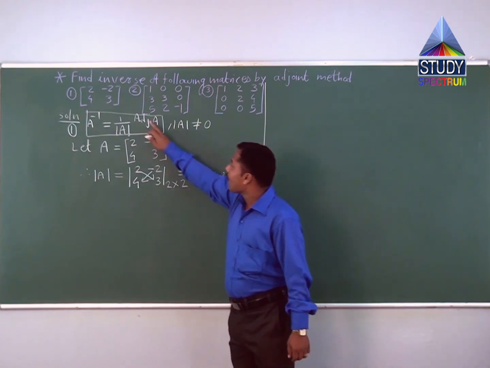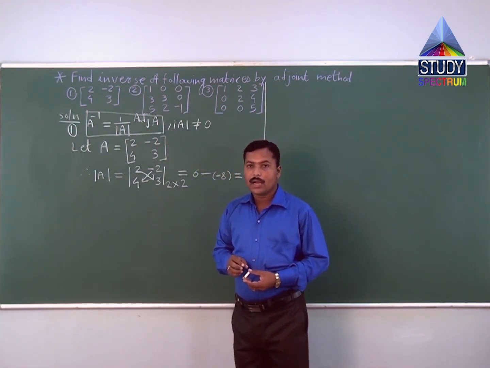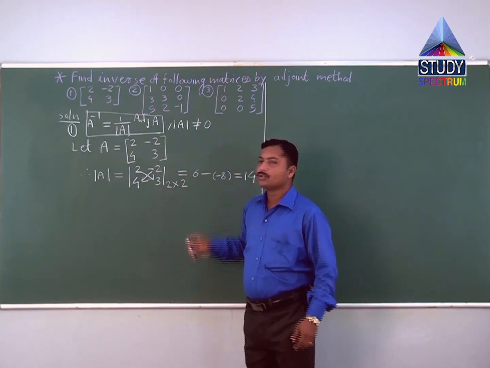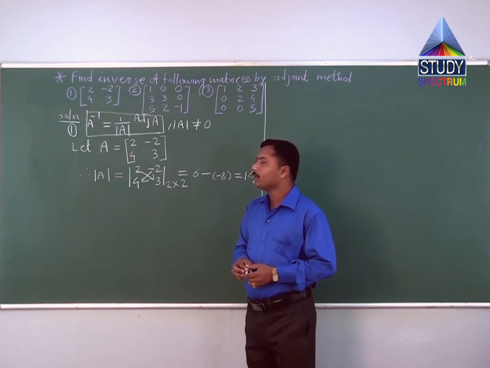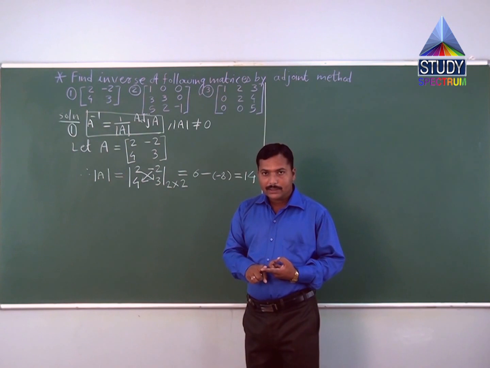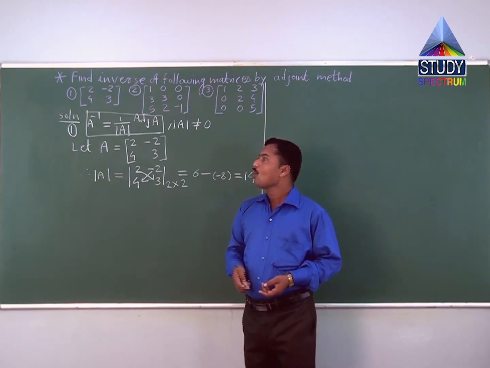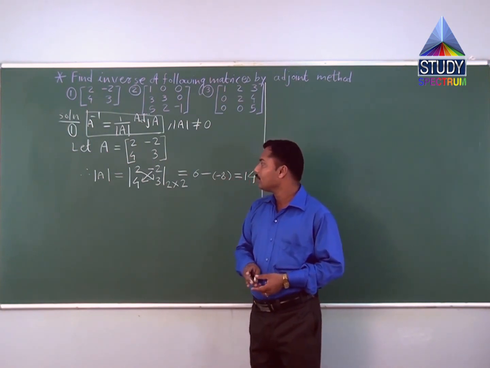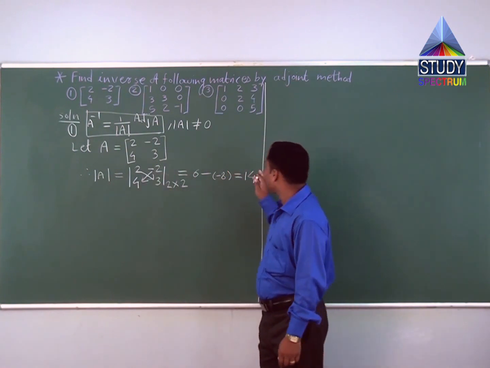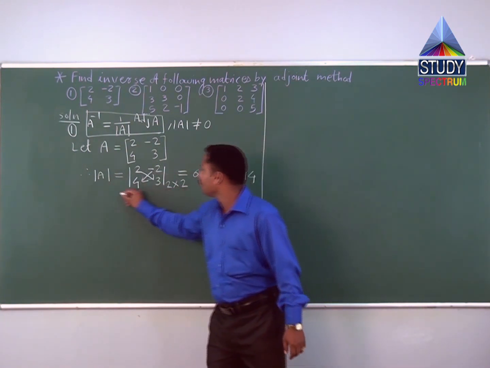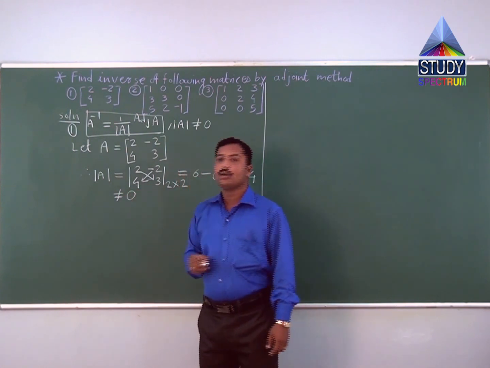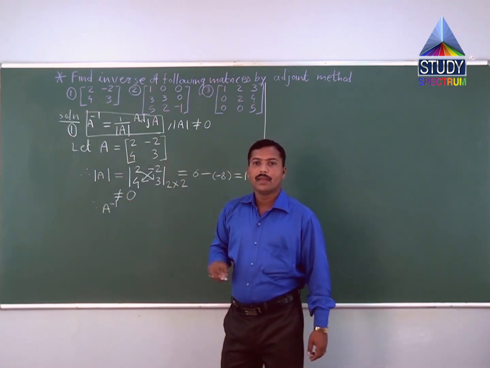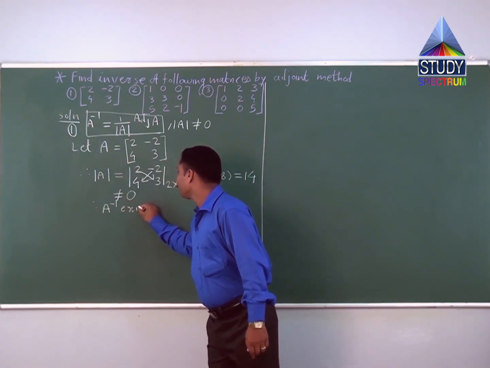Also we find the adjoint of A. For finding the adjoint of A, some specific steps are required. First step is we find the minor matrix, second step is we find the cofactor matrix, and last we find the adjoint of A. So here determinant of A equal to 14, which is not equal to 0, and therefore A inverse exists.